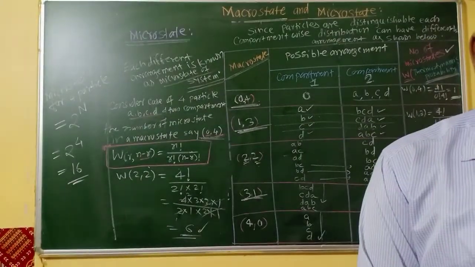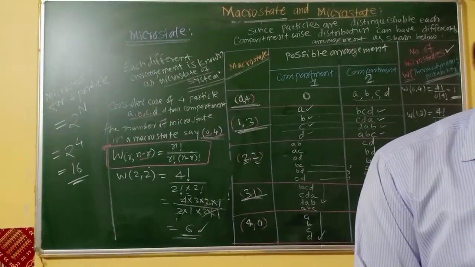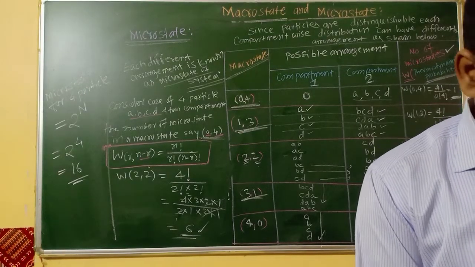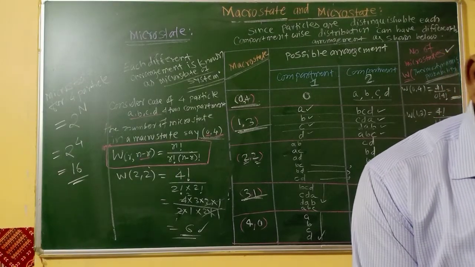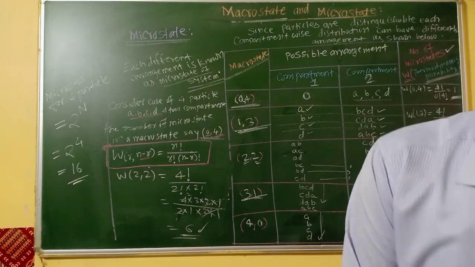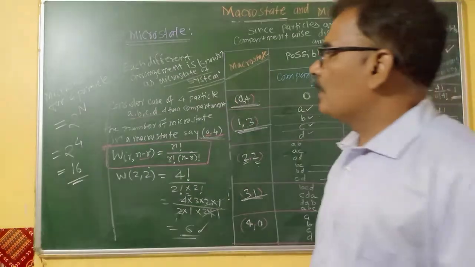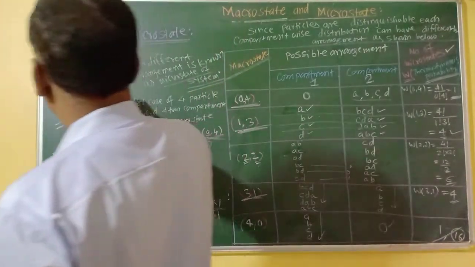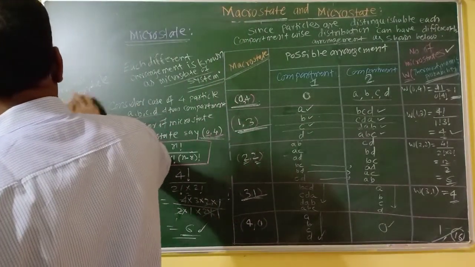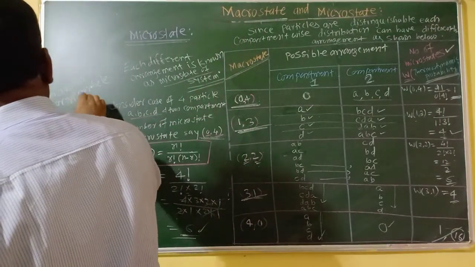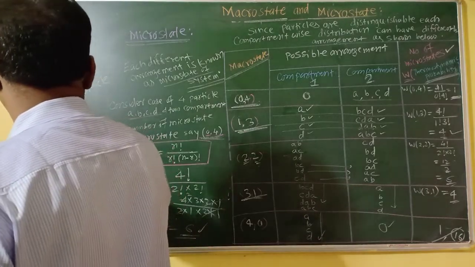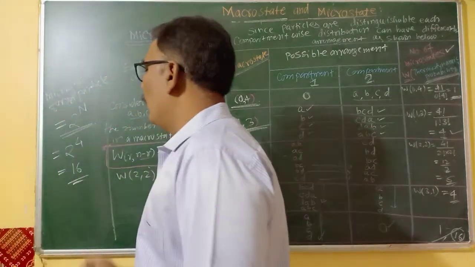Many times multiple choice question is asked on that. What are the different types of macrostate for the n particle? For in general system of n particle, macrostate for n particle, that is answer is what? 2 raised to n.